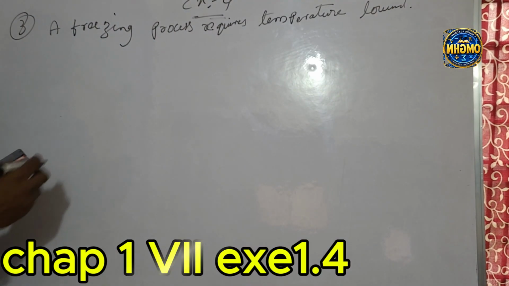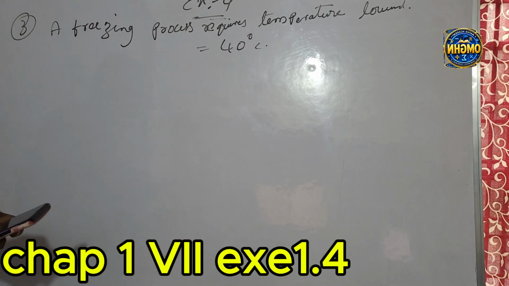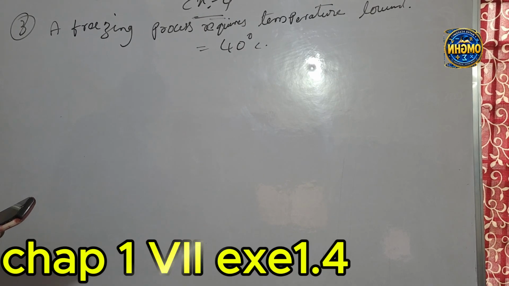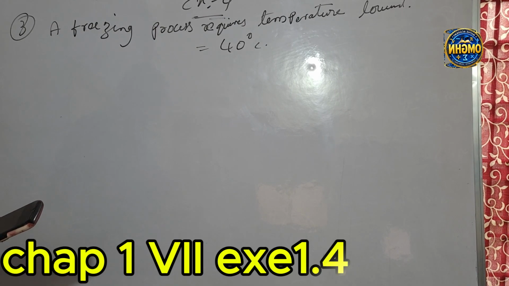How much do you have to lower it? From 40 degrees centigrade. Okay. Now, the temperature rate of every 1 hour, it has to be decreased by 5 degrees centigrade.